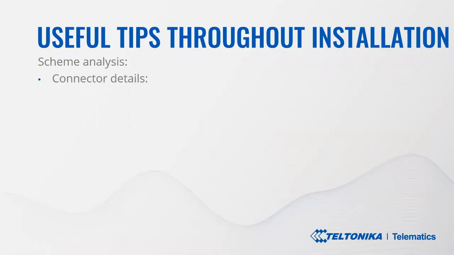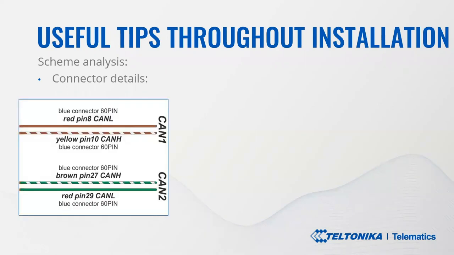Let's move on further in regards to connectors. Due to the fact that there are some models manufactured in different countries, or some vehicles that may use a non-matching wiring harness due to options, wiring colors may not be exactly identical to those shown in the connection scheme.